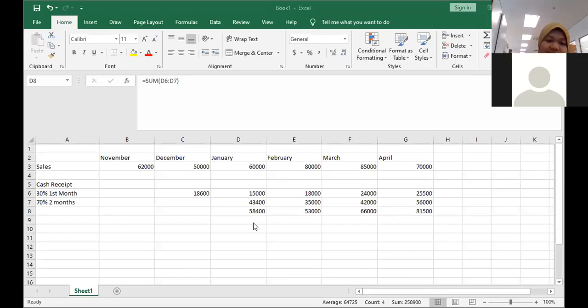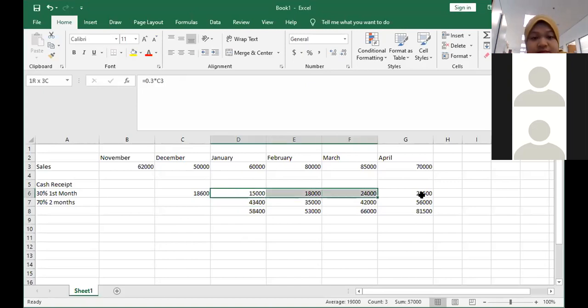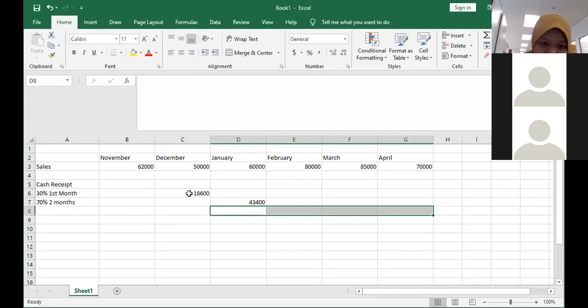All right, let us continue with calculating the cash receipt. So we just finished until this part. So I show you how I'm doing this. Okay, so we have done this part.